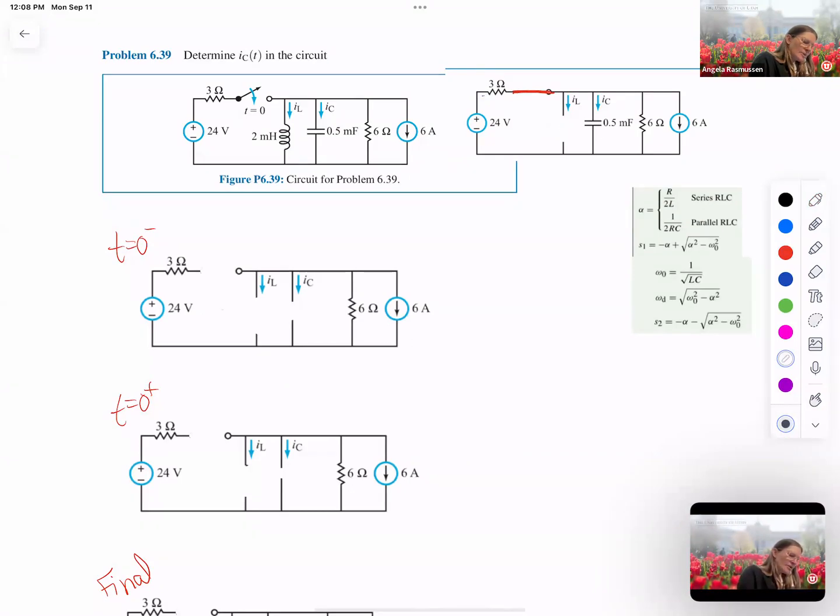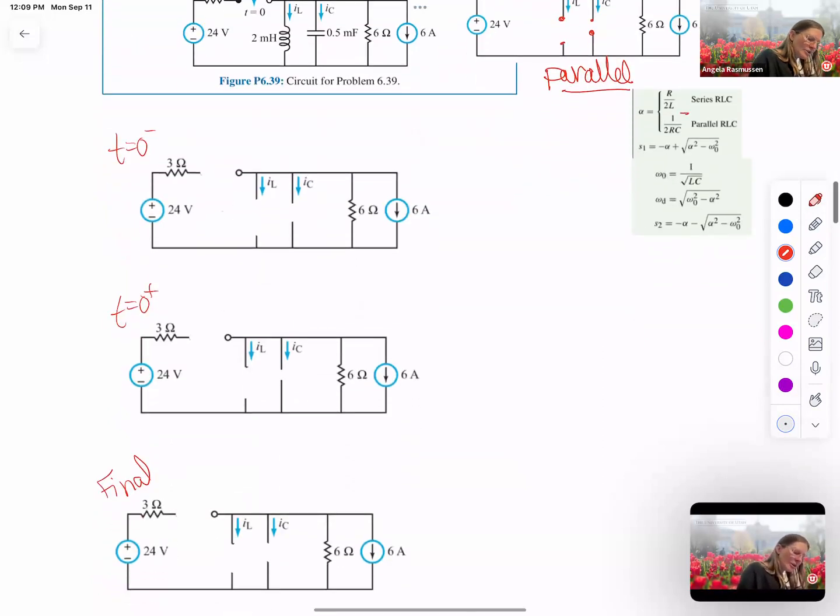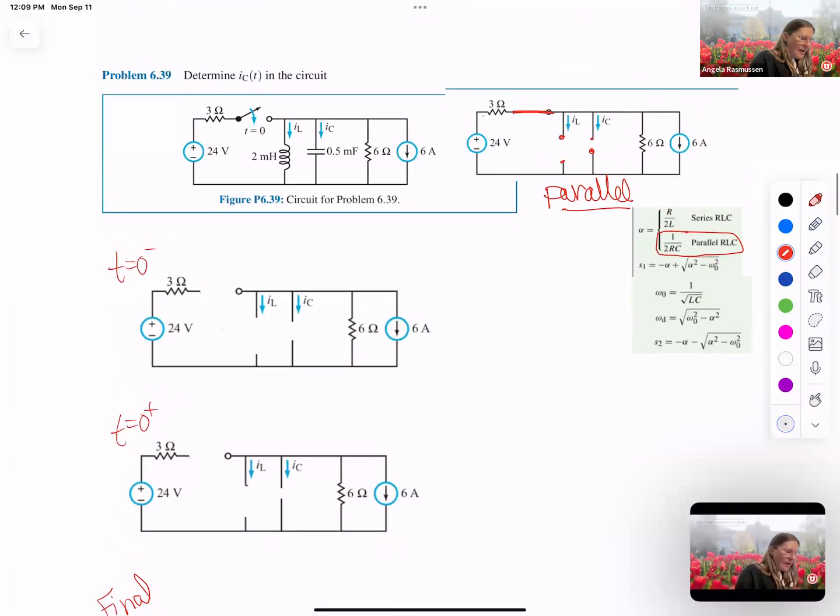And the inductor becomes what? If I'm just looking first to say, am I in series or parallel? Hopefully, what do you see here? They're in parallel here. So parallel form. And so this means that I am going to use this equation for alpha instead of the series RLC.